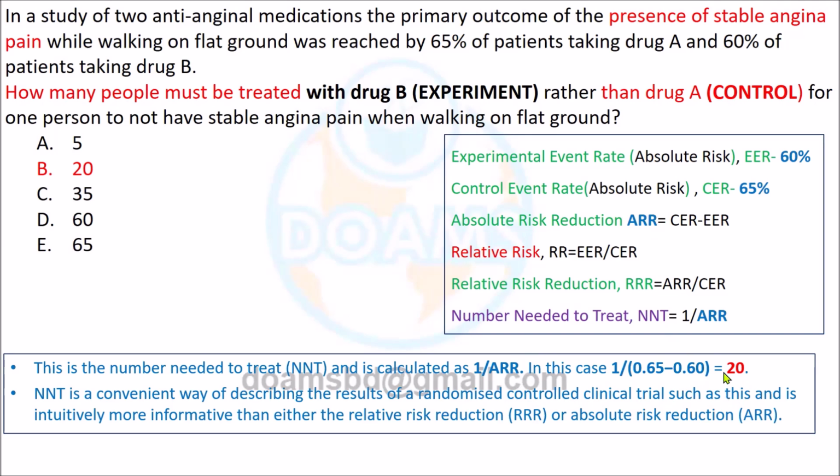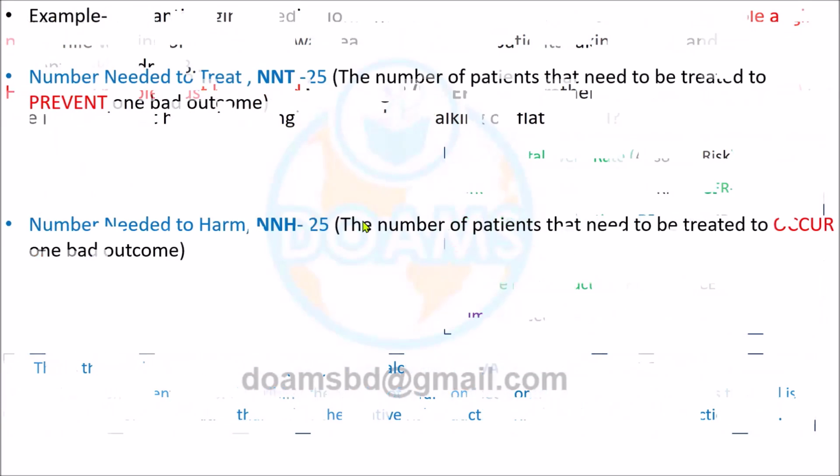Sorry, not 5%, 1/5. This is 20. Understand? Yes, sir. This is 20. So that is that value. So this is the way of calculating number needed to treat. Don't be busy. Don't be puzzled. Get relaxed.